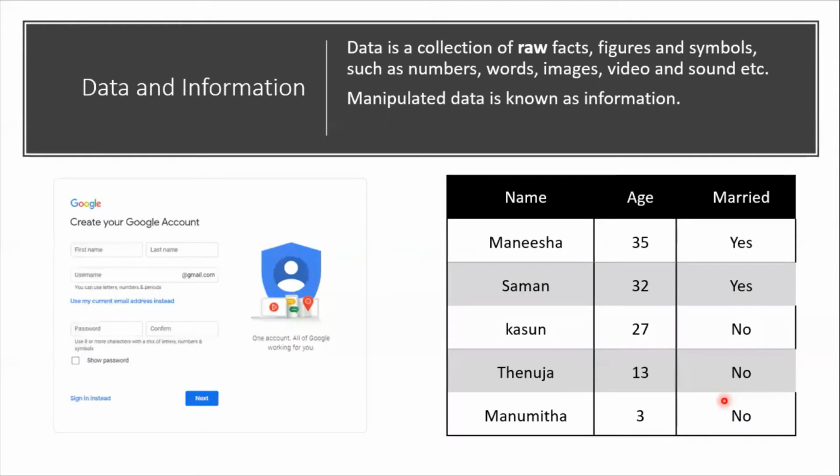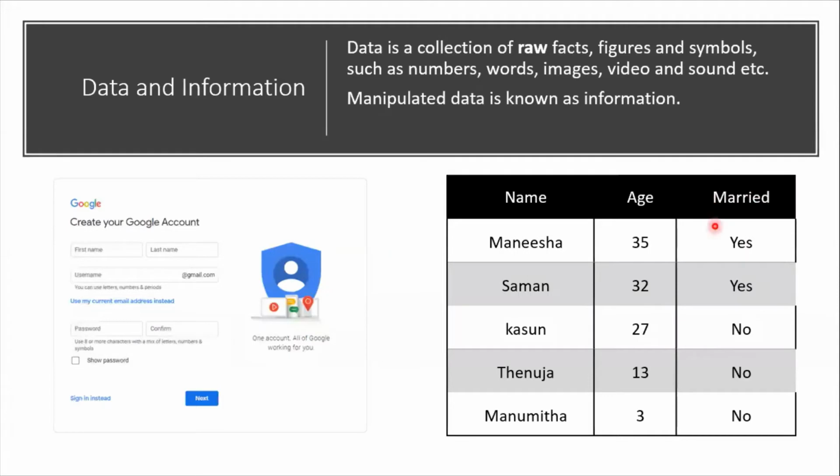So, I'll ask a question from you. Let me know who are married. Now, there's a question. Now, you do have a data set. Once I fire a question for you, your brain starts manipulating.